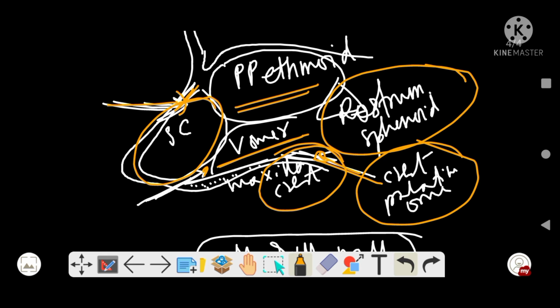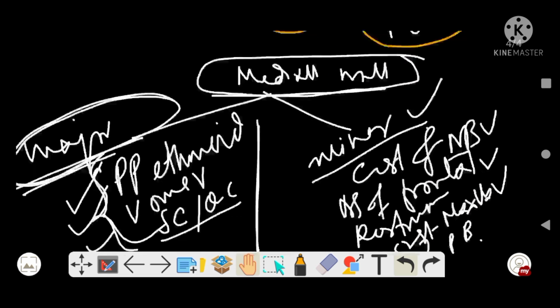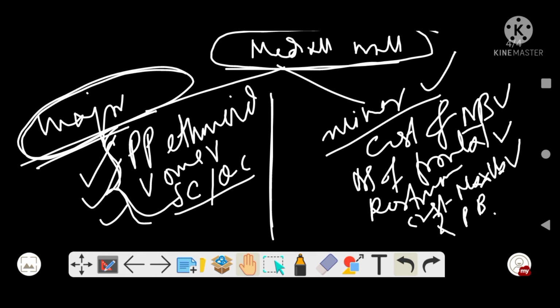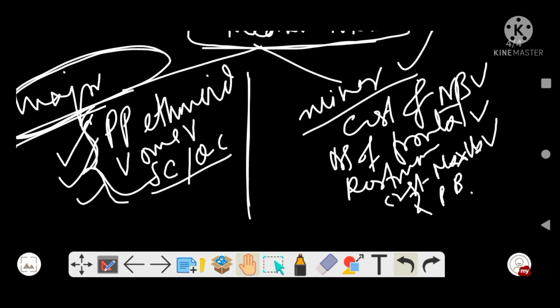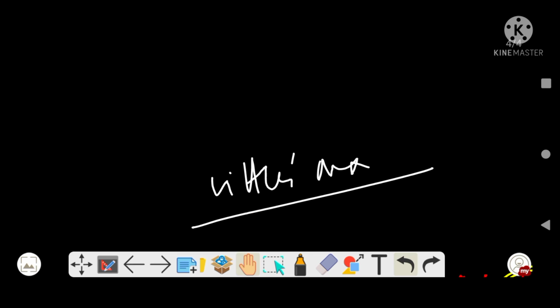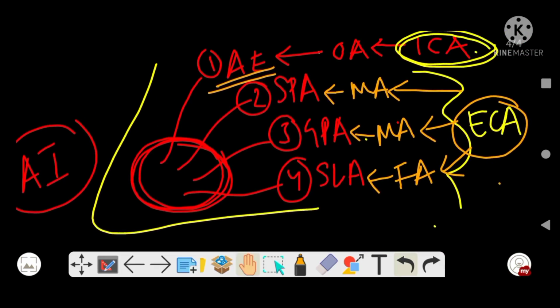And somewhere here is your anterior nasal spine. So coming back to the major and minor contributions of the medial wall of the nose: major contributions include perpendicular plate of ethmoid, vomer, septal cartilage. Minor contributions include crest of nasal bone, nasal spine of frontal bone, rostrum of sphenoid, crest of maxilla, and crest of palatine bone.